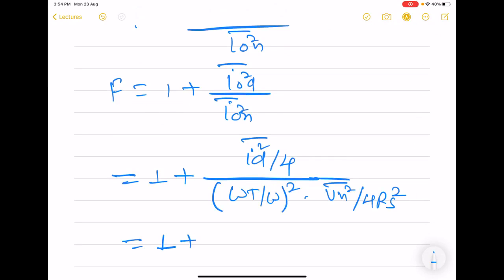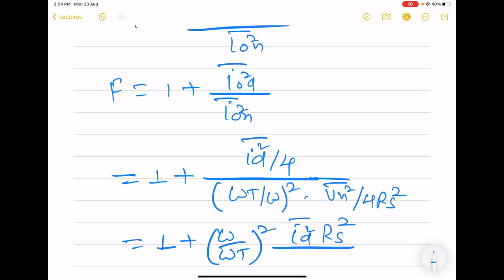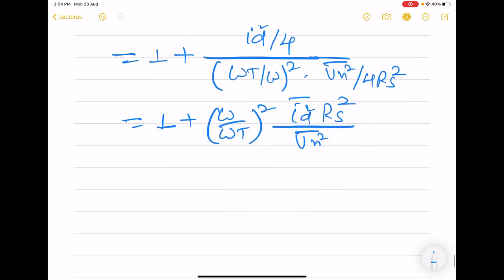So this becomes 1 plus omega by omega T whole square into Id mean square Rs square by Vn mean square.